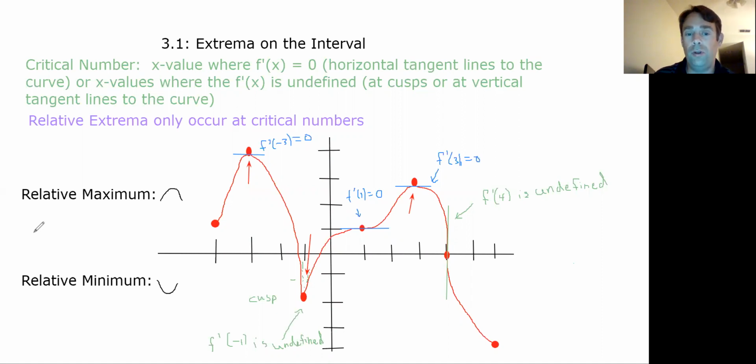So the point -3, 4 there, that was a relative max because it went from increasing to decreasing. At -1, 2, that would be a relative minimum because our graph goes from decreasing to increasing. And again, this is a review of what we did in pre-calculus, so this isn't necessarily anything terribly new. And then our graph here goes from increasing to decreasing at the point 3, 3. That's also a relative maximum.